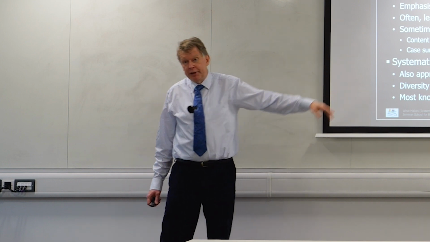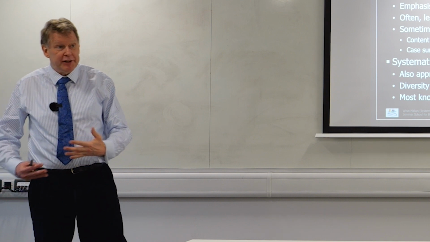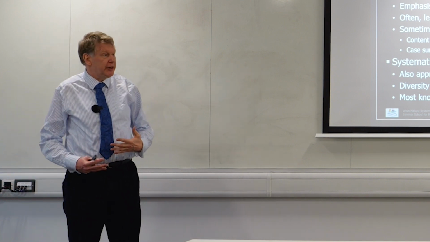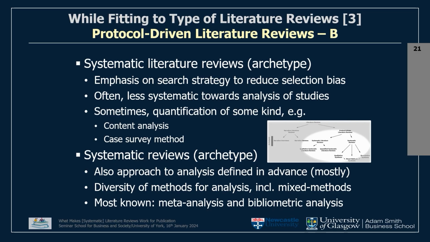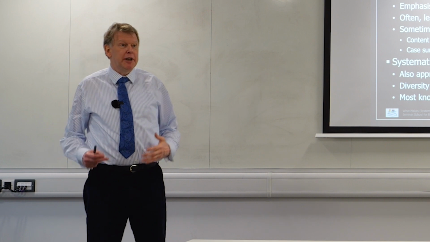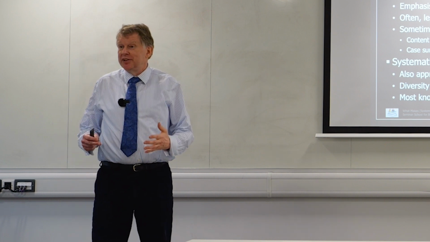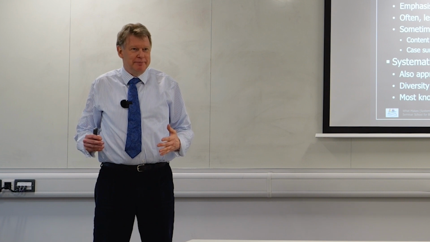It's also possible to have mixed methods. So if you have, for example, the bibliometric analysis, you can complement that with a thematic analysis. In systematic reviews, the most well-known are meta-analysis and bibliometric analysis. And meta-analysis is numerical calculation of an effect size, but the calculation is an estimate.